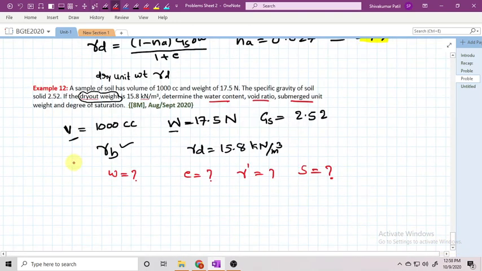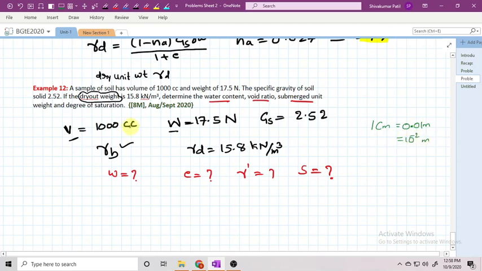So what is the volume they gave in terms of cc? First let me convert that into cubic meter. I will write some conversions here. 1 centimeter equal to 0.01 meter, that means 10 to the power of minus 2 meter.